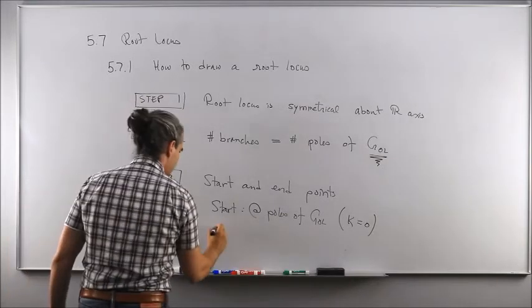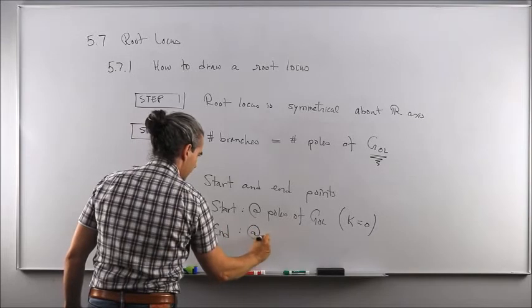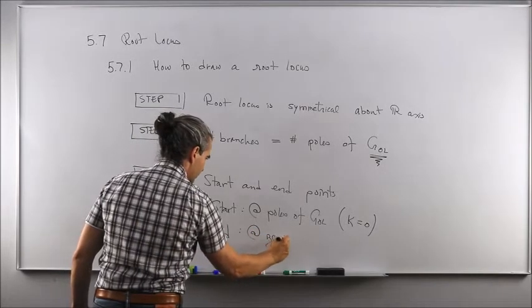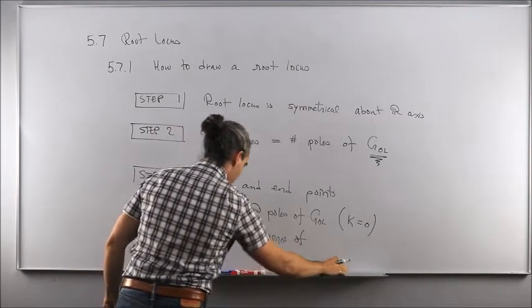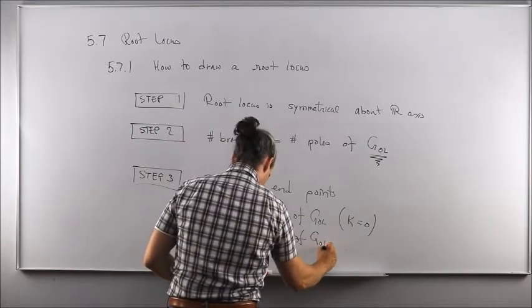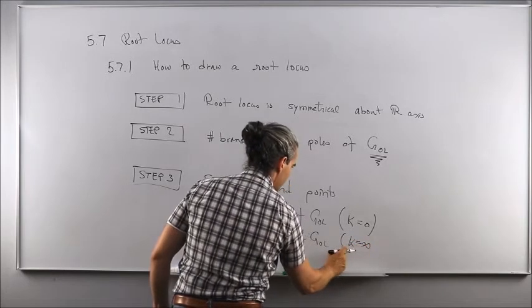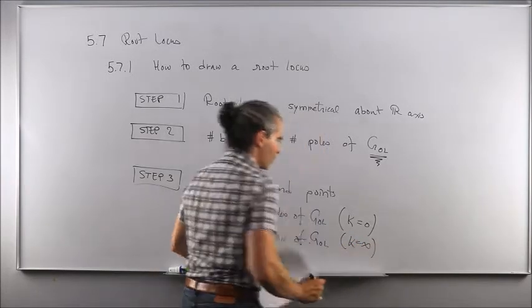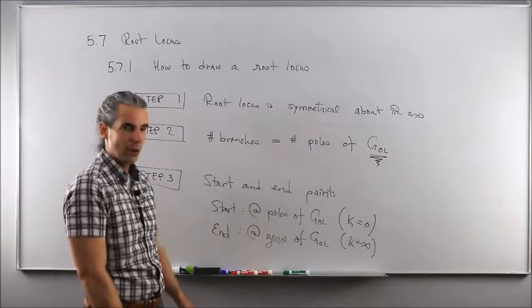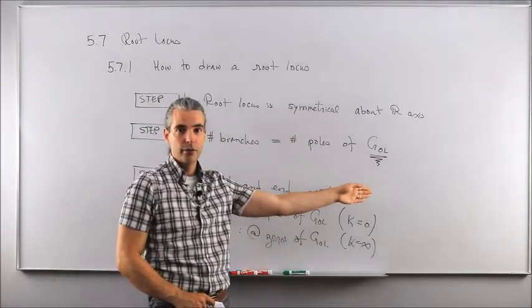And where do we end? We end at the zeros of our open loop transfer function, G open loop, and that will be whenever K is equal to infinity. What if you don't have any zeros for the open loop transfer function, as we had in the previous example?